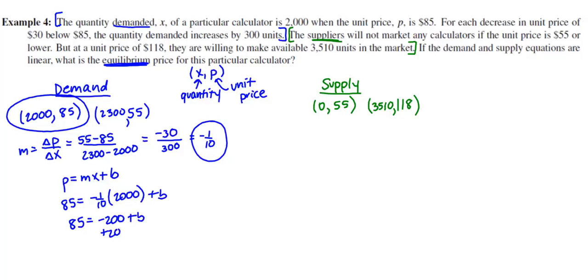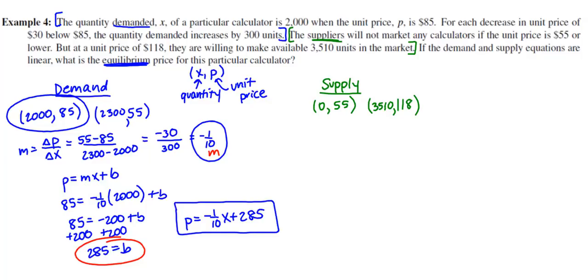If we add 200 to both sides, we get 285 is equal to b. So we know that our slope m is negative 1 over 10, and our y-intercept b is 285. So therefore p is equal to negative 1/10 x plus 285. So that there is our demand curve.